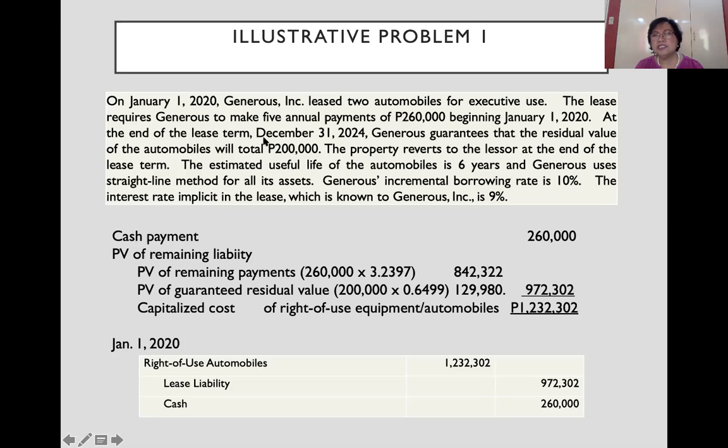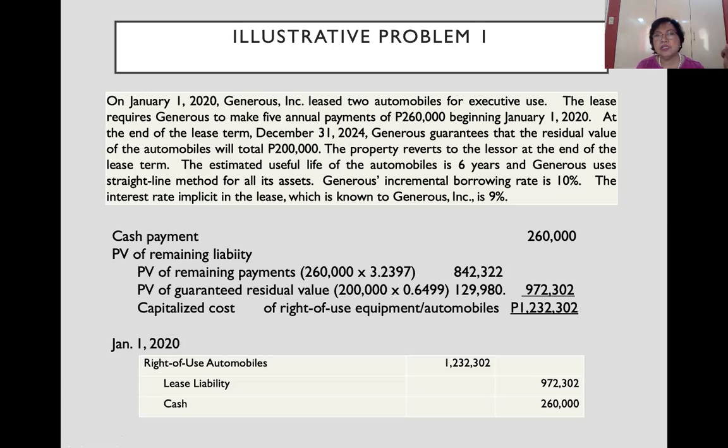At the end of the lease term, December 31, 2024, Generous guarantees that the residual value of the automobile will total 200,000. So what is that guaranteed residual value? Generally, the lessor computes the periodic payment considering that the lessor will desire a rate of return on the cost of the asset. Therefore, if the lease term is for 5 years, is it 5 years?